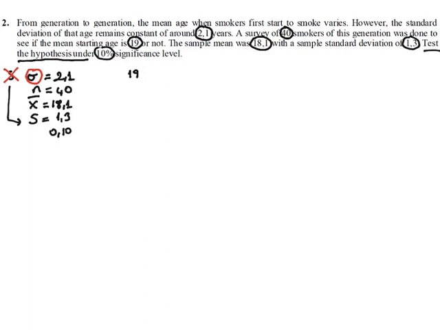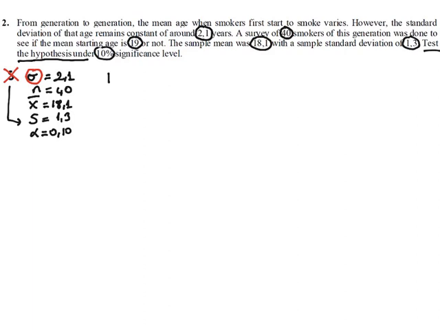What is the significance level? It is the alpha. So we wrote down what is given, but we have only 19 left. After this step, we will write down what 19 is. So let me just clear in here.